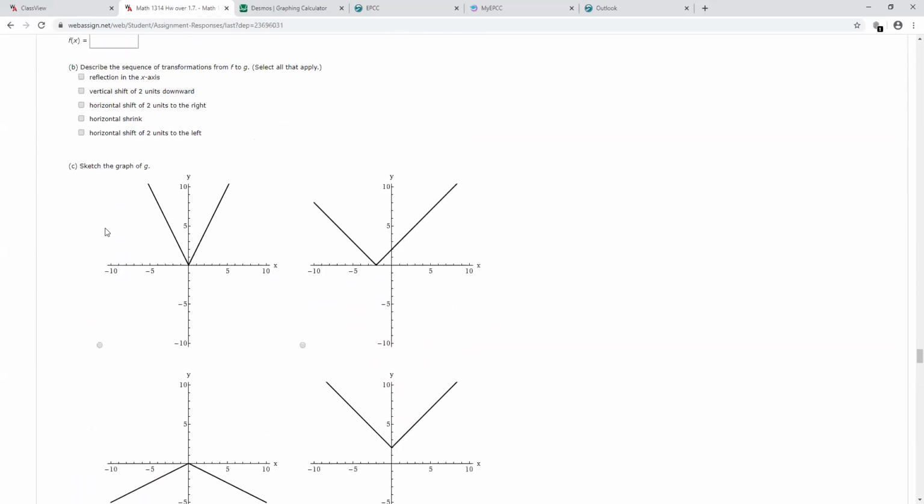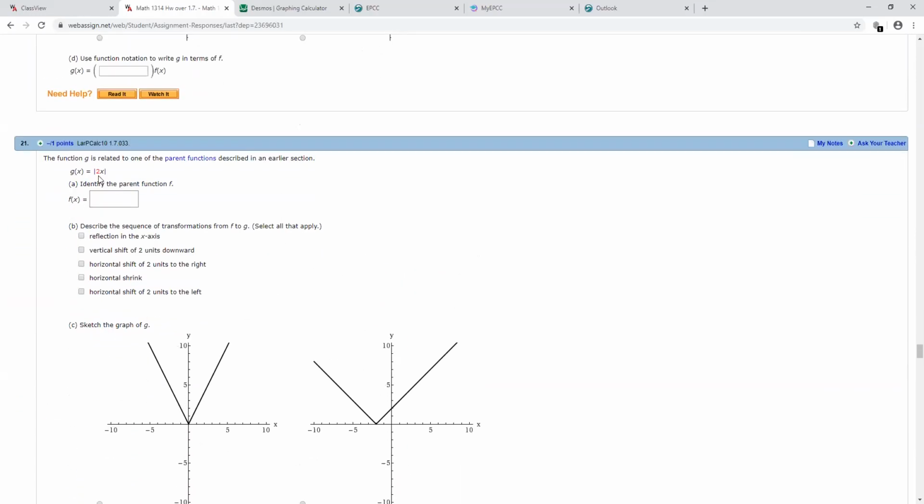So here's one that is inside. It comes from the absolute value graph, which, remember, is from my notebook, I can show you again.